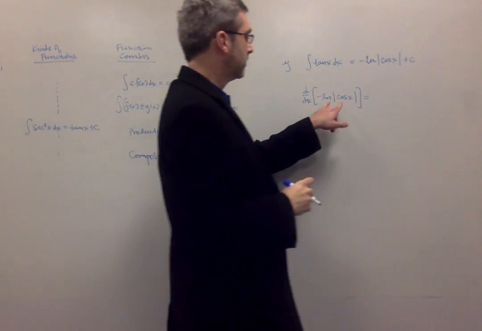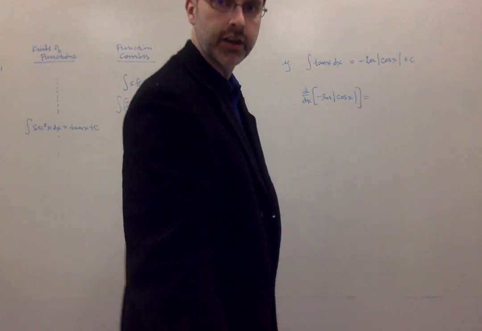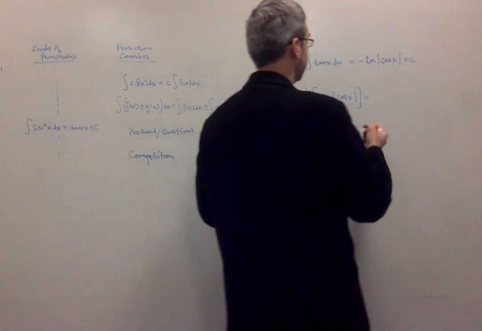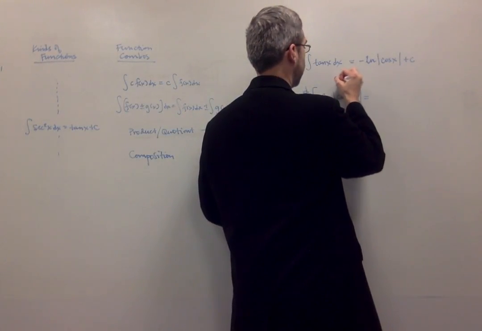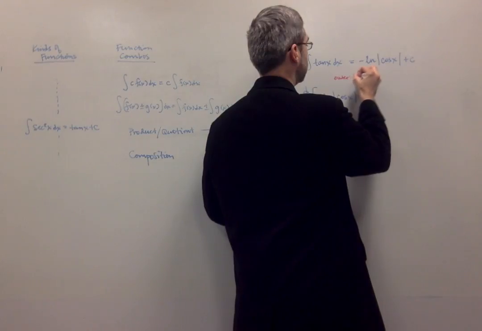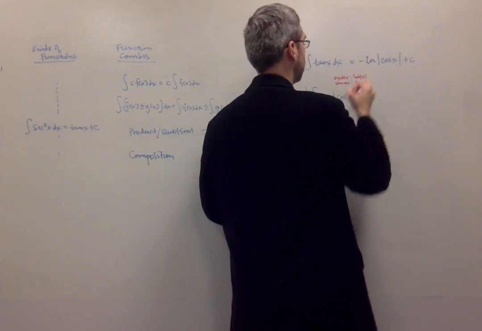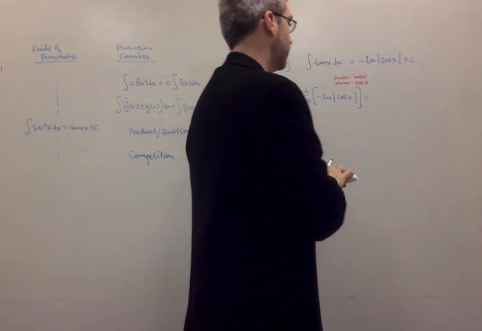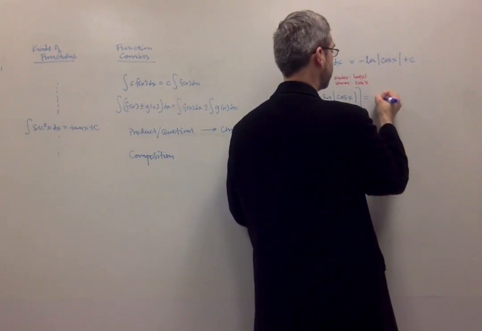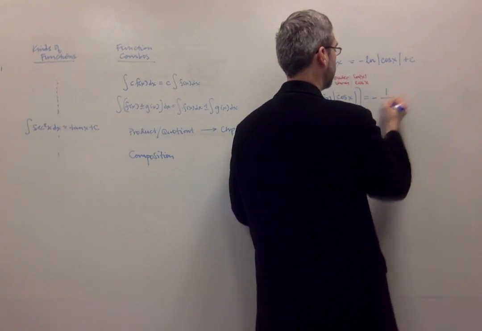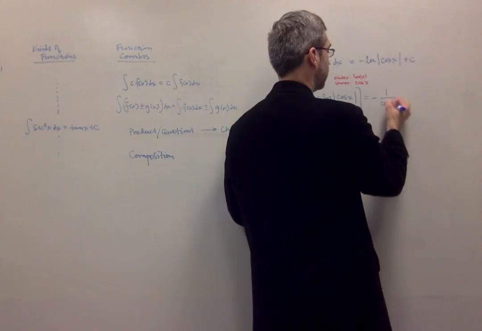So we have a composition here. The outer function is natural log, and then the inner function is cosine. So let's differentiate the outer. The derivative of natural log is just 1 over x. Let's plug in the inner.